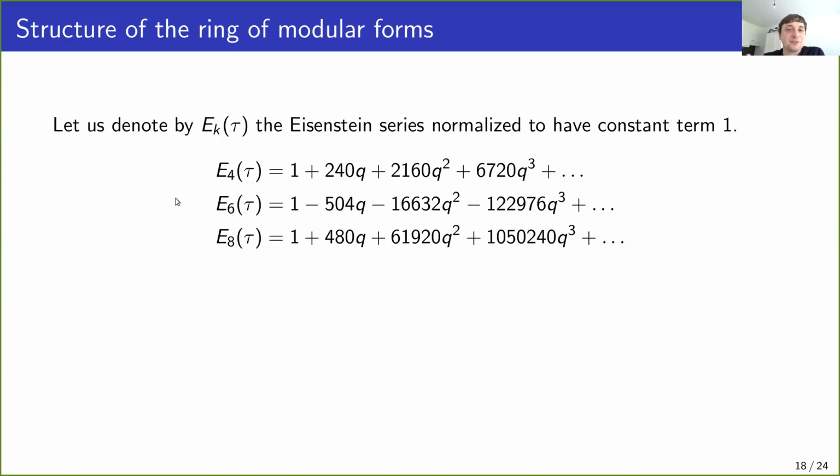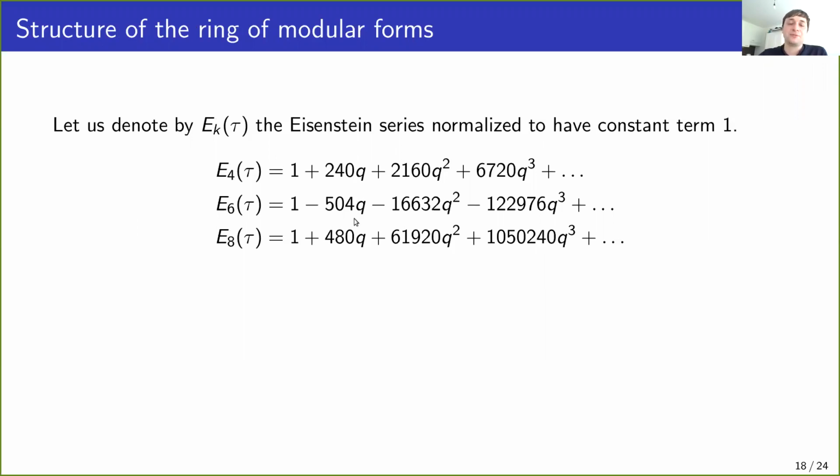And what one notices, maybe not immediately but after some thought, is that if you take E4 cubed, then it has a Fourier expansion starting with 1, and the second term is 720. And if you take E6 squared, then you get a Fourier expansion starting with 1, and the second term is minus 1008.